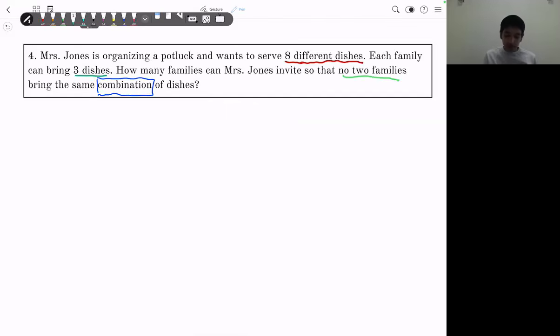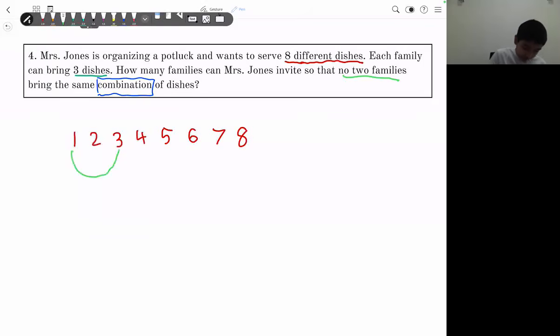Okay, so we have the 8 different dishes, and we need to bring 3 dishes. So let's just say we have 8 different dishes. So let's say one family brings the dish combination of 1, 2, and 3. So all 3 of these dishes. And now let's say another family brings 1, 2, and 4.